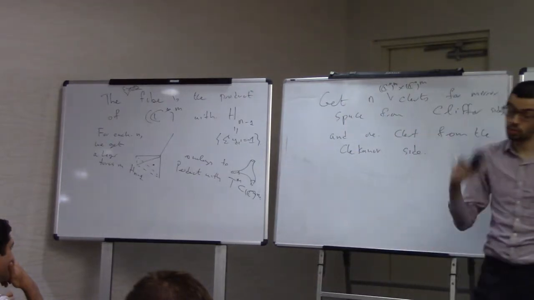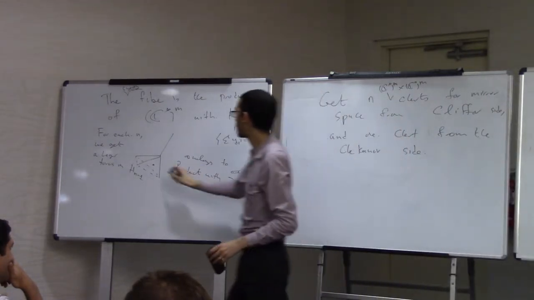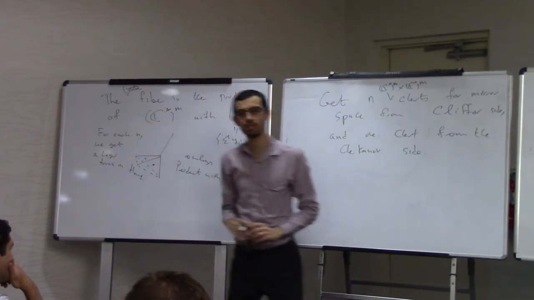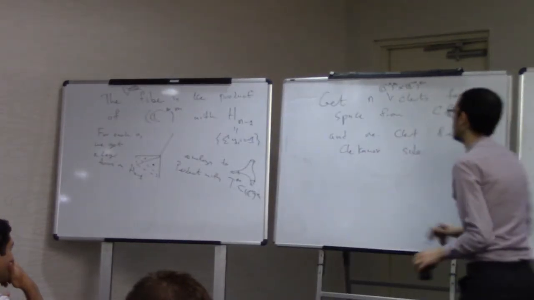Just like before, because if you do things on the Chicano side, it turns out it doesn't matter whether you do this parallel transport or that parallel transport, they are actually isomorphic.